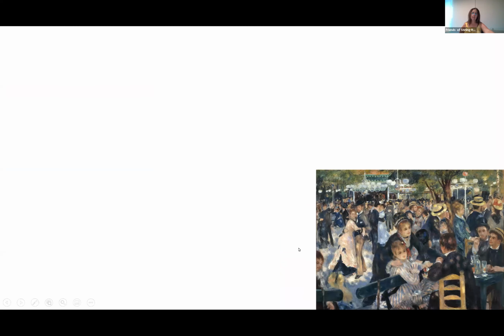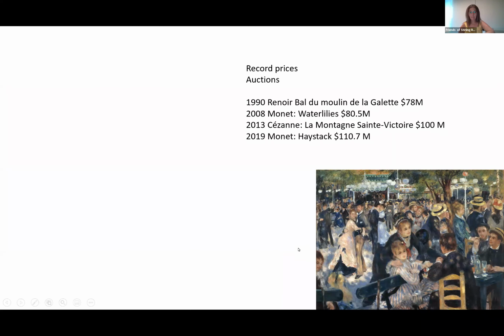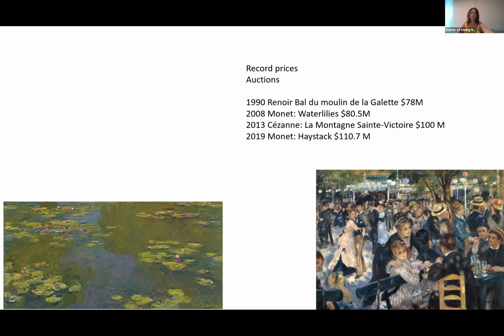And we finally see the prices of Impressionism at auctions, and I'm not talking about private sales, only the record prices at auctions. 1990, Renoir's painting Bal du moulin de la Galette, $78 million. In 2008, this painting by Monet, Water Lilies, was sold for $80.5 million.